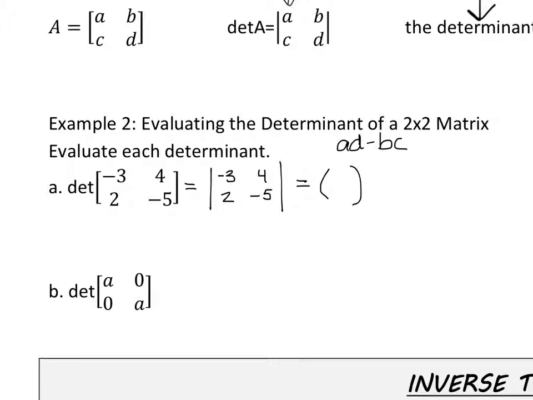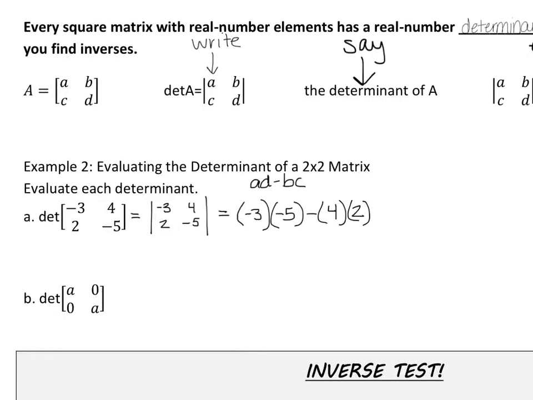What's in the A spot? -3. What's in the D spot? Minus what's in B? 4. And C? 2. So what is that? 15 minus 8, which is 7. So that would be the answer to what is the determinant of that matrix. 7.